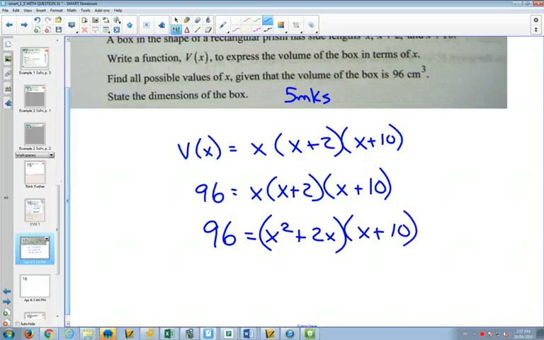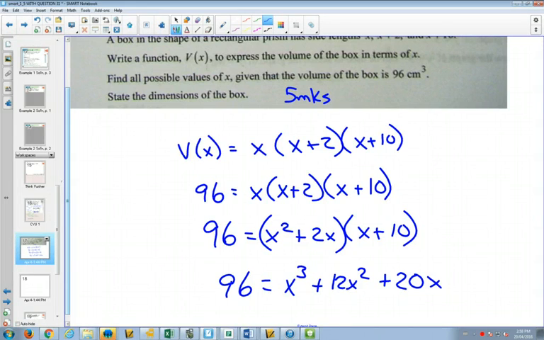So I multiply the x through. Now I'll multiply this through. x cubed minus 2x squared plus 10x squared will be plus 12x squared. And then we'll get plus 20x.